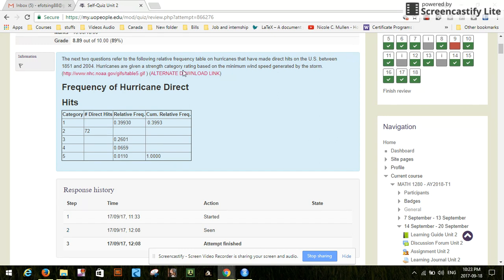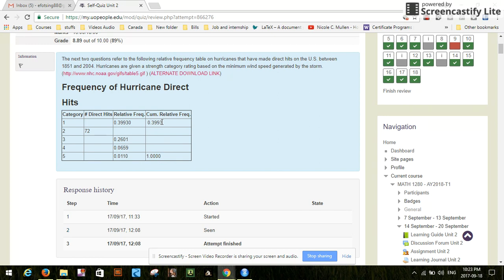The hurricanes are given a strength category rating based on the minimum wind speed generated by the storm: category 1, 2, 3, 4, 5. So the direct hit count, the relative frequency and the cumulative frequency.